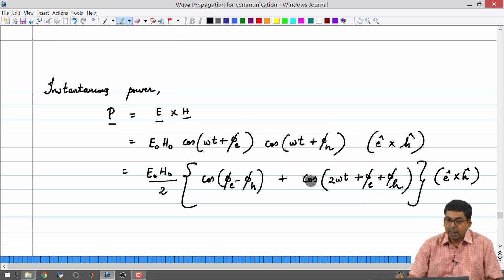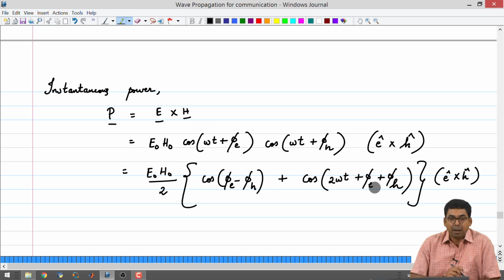We know that the cosine can be positive, cosine can be negative, or the cosine can be 0. It could also be in such a way that it exactly balances this quantity when it is negative and the entire term becomes 0 at some instant of time, the entire term is positive at some other instance of time, and the entire thing is negative at some other instance of time.